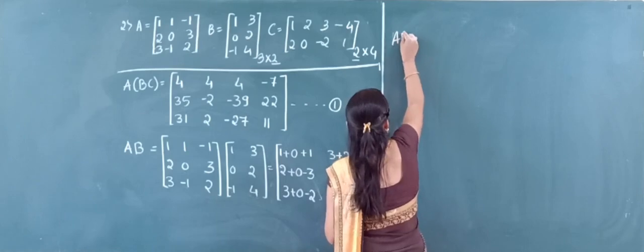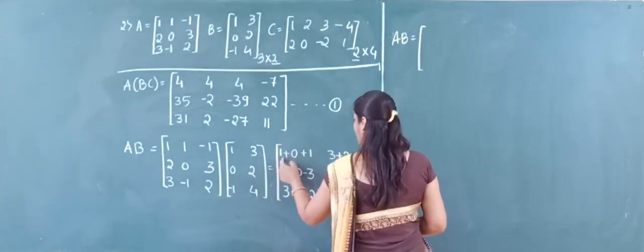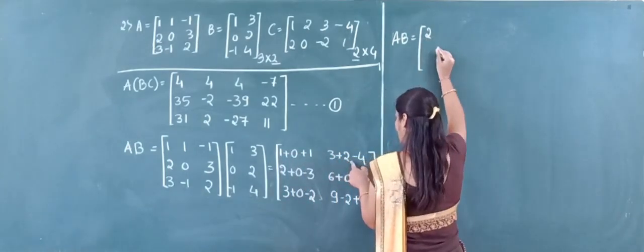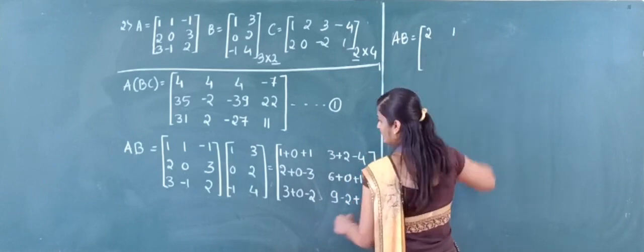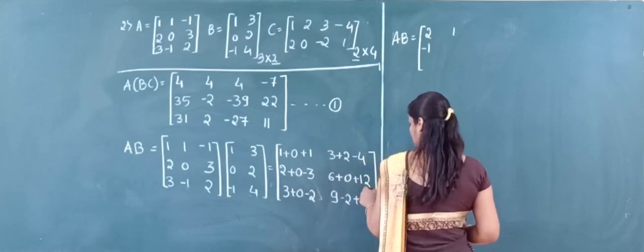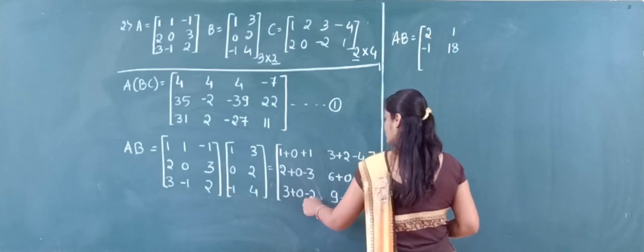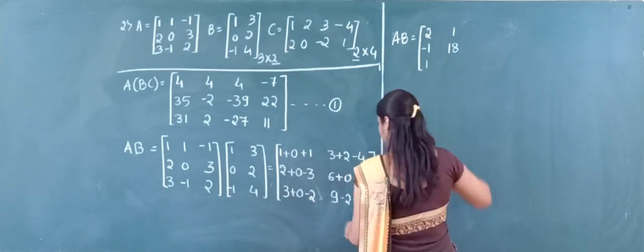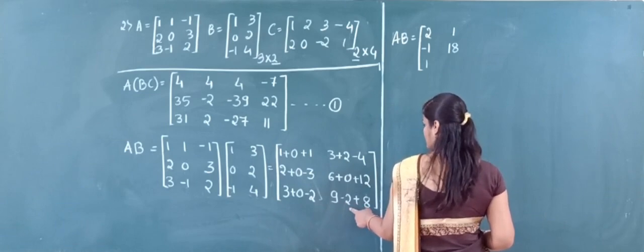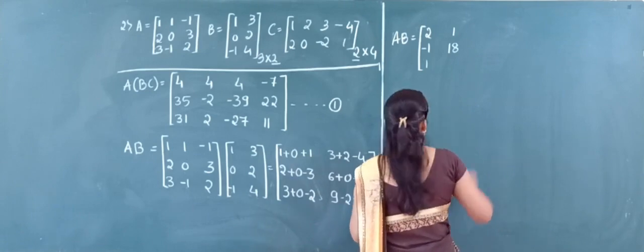That is our AB. What will be our AB? 1 plus 1, 2, 3 plus 2, 5, 5 minus 4, 1, 2 minus 3, minus 1, 6 plus 12, 18, 3 minus 2, 1, 9 minus 2, that is 7, 7 plus 8, 15.